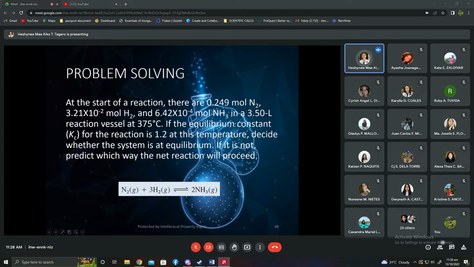Decide whether the system is at equilibrium. If it is not, predict which way the net reaction will proceed. QC is 0.611. Kc is 1.2. It's already given in the problem. So let me ask you, is the system at equilibrium?